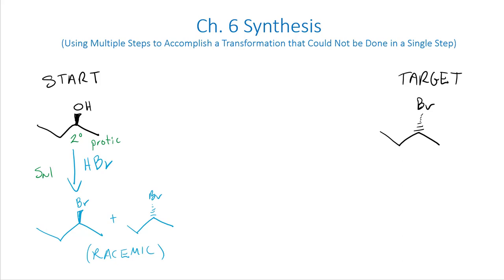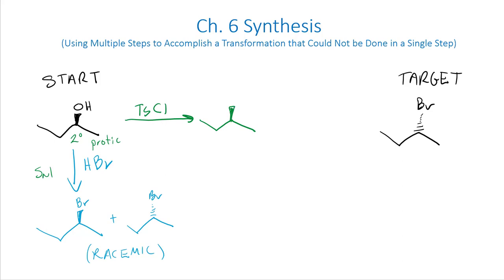So a better strategy in this case would be to convert the OH into a leaving group that can be reacted under aprotic conditions. And an excellent choice here, really the only one we know of, is the tosylate.